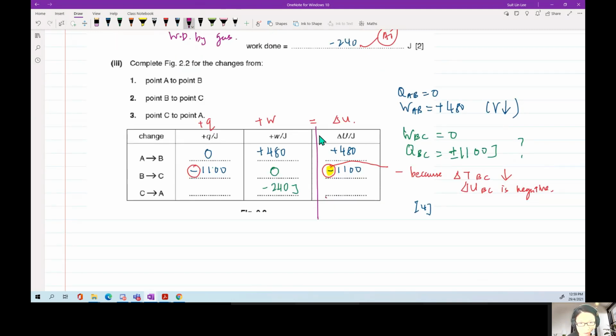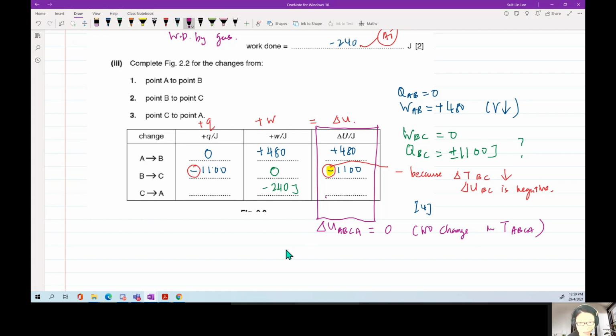Next one. This delta U must be 0. You total everything up. The delta U for A, B, C, A is 0. Why? Because there is no change in temperature over the whole cycle.